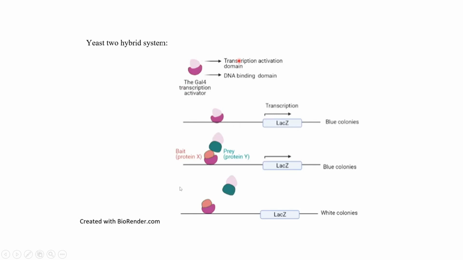The green signal will be there when we detect it through the confocal microscopy. And if they are far apart from each other, then the red and yellow signals will be separate, so different red and yellow signals will be generated. So this is another technique through which we can detect the interaction of the two proteins, whether they are close by or not, by the immunofluorescence technique.